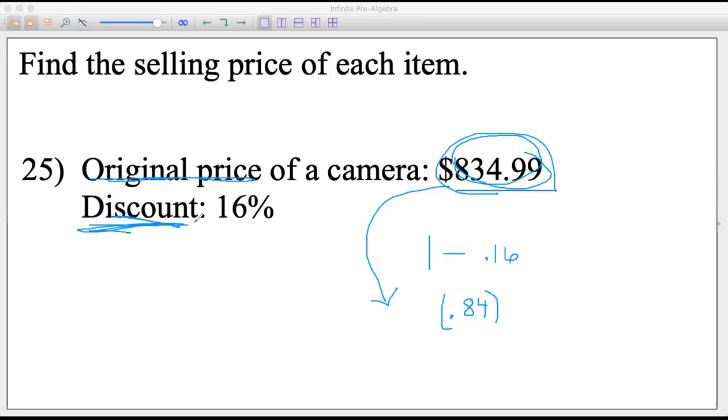Not minus the percent. Look at your formulas that you wrote down. If it's a discount, which this one is, it's 1 minus the percent written as a decimal. And the only difference is a markup, it would be 1 plus that. But it's still just original number times some decimal number.